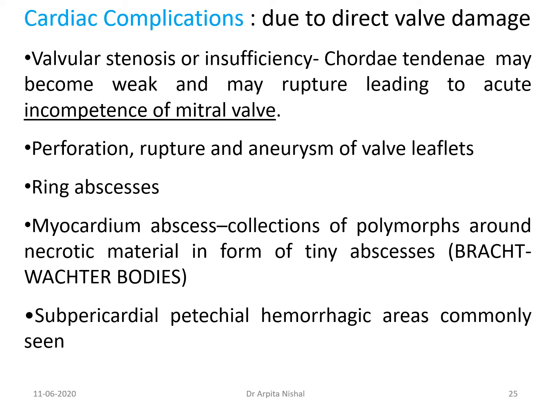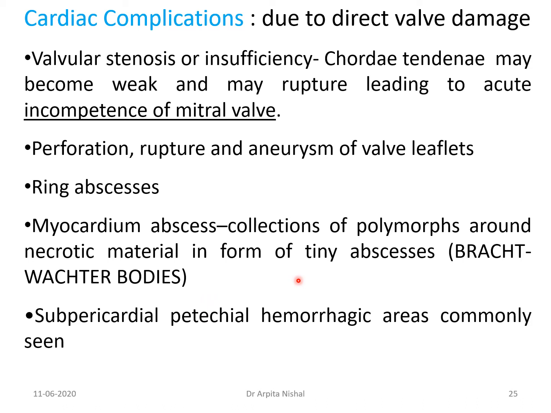Ring abscesses may occur because, as I said, these vegetations destroy the adjacent endocardium and this may even erode into the underlying myocardium, leading to myocardial abscess formation. Ring abscess may form around the rings and myocardial abscess in the myocardium may develop, which are collections of polymorphs around the necrotic material, also called breakwater bodies.